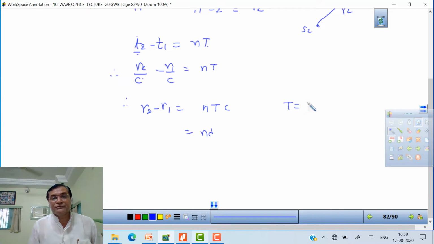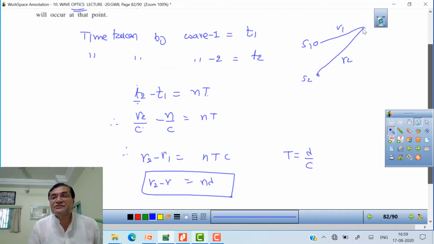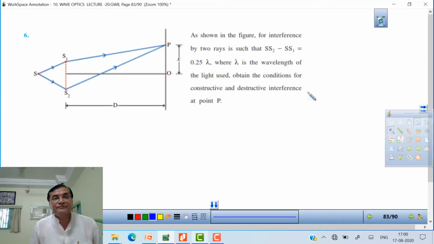T is equal to lambda upon c, c will cancel out. So we can see that it is an integer multiple of wavelength, so here constructive interference takes place. If it is a half integer, then destructive interference occurs. So maybe a question may be asked like that also.